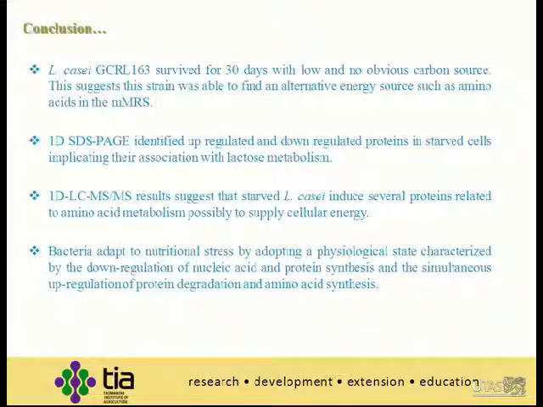The LC-MS results suggest that starving Lactobacillus induces several proteins related to amino acid metabolism, possibly to supply cellular energy. Bacteria usually adapt to nutrition stress by adapting physiological state characteristics, by downregulation of nucleotide and protein synthesis, and simultaneous upregulation of protein degradation and amino acid synthesis.